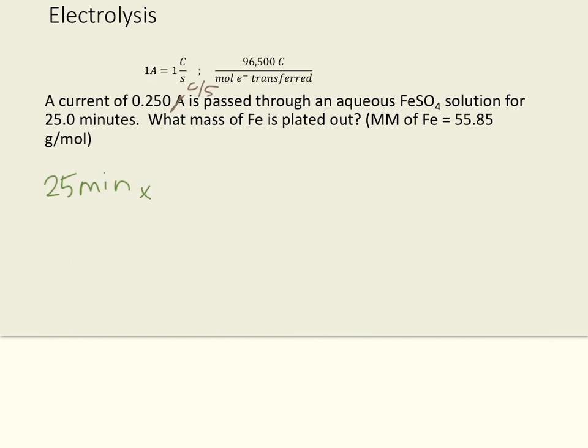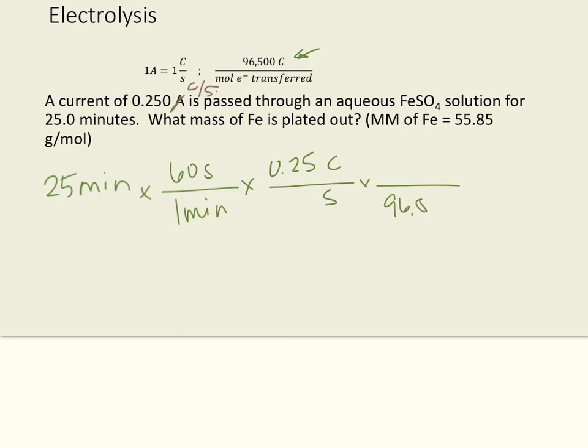But before I can actually use that, I've got to get seconds. So I've got minutes right now, so 1 minute is 60 seconds. And then I can use 0.25 coulombs per second. So now I have coulombs, and I've got this.